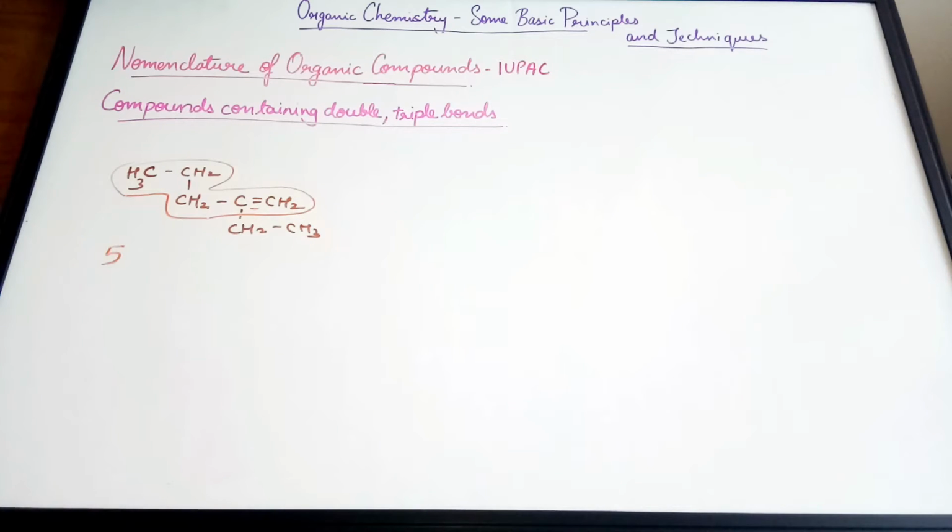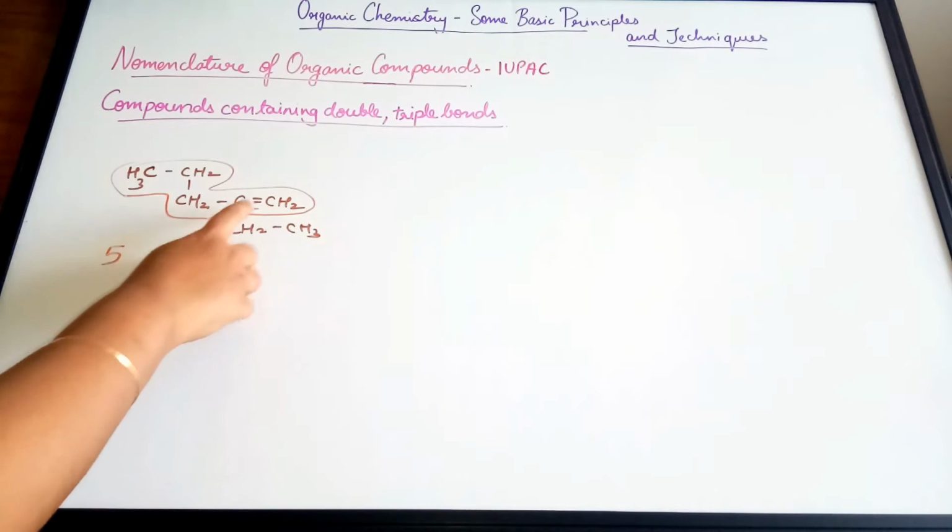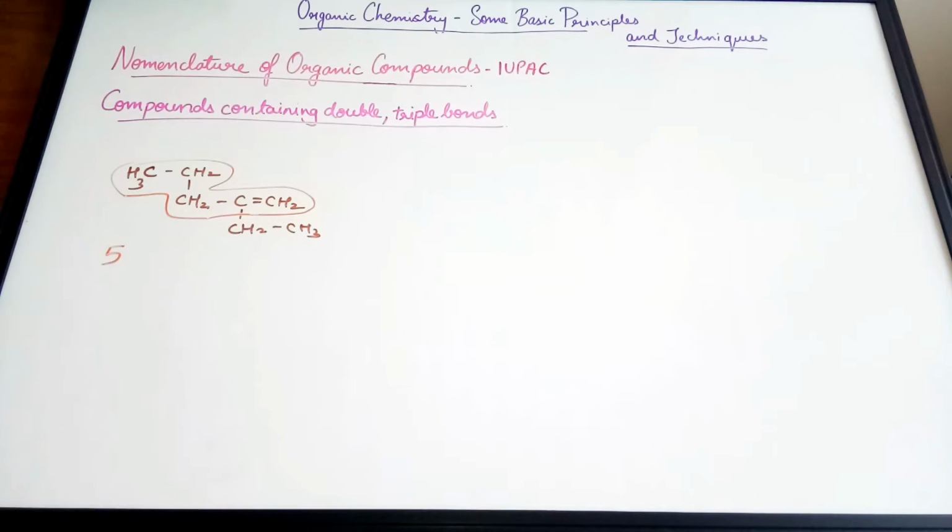Despite just having 5 carbon atoms, because it has a double bond, it is considered the main chain, and the particular compound is derived from this long chain. So that's the first rule.